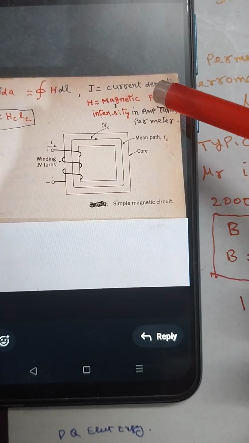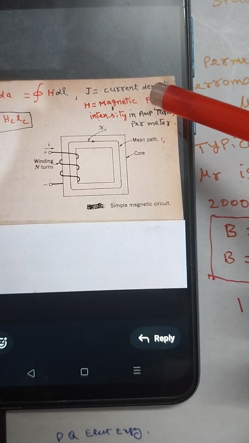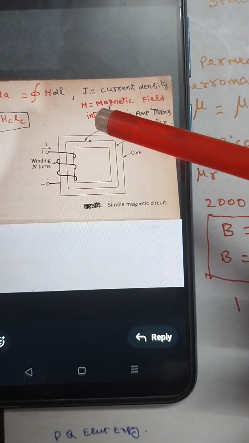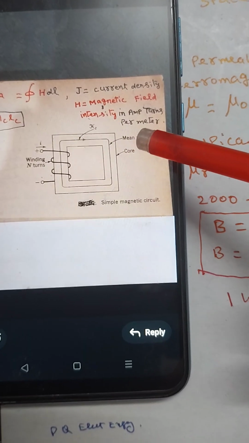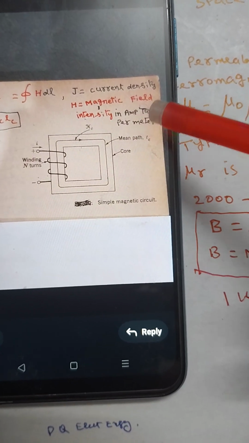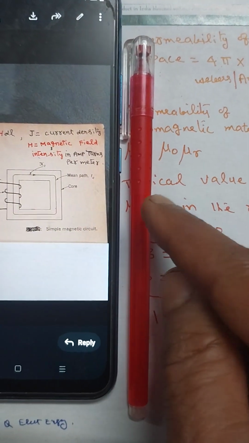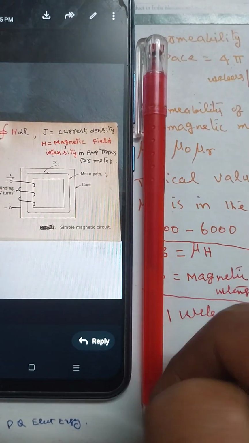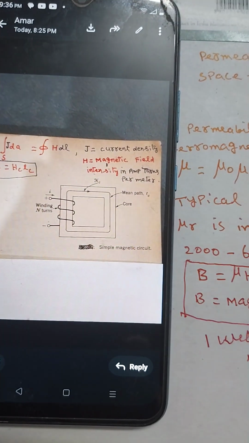However, this is a very large quantity. Practically, amperes per millimeter square is considered, but the SI unit is amperes per meter square. H is magnetic field intensity in ampere turns per meter. That means if this length is 1 meter, how many ampere turns are present in this 1 meter length? This is ampere turns per meter.